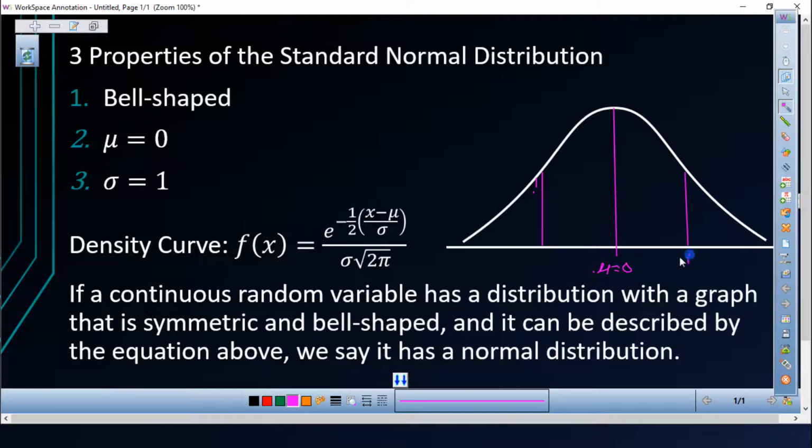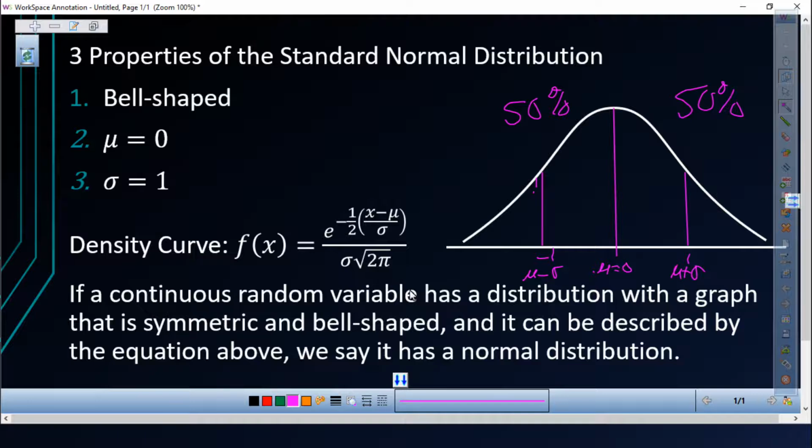This would be 1, and this would be -1, and this is mu minus sigma, or 1 sigma, and this is mu plus sigma, okay? Now, remember, this is right in the middle, so 50% of the data is over here, and 50% of the data is over here, all right?